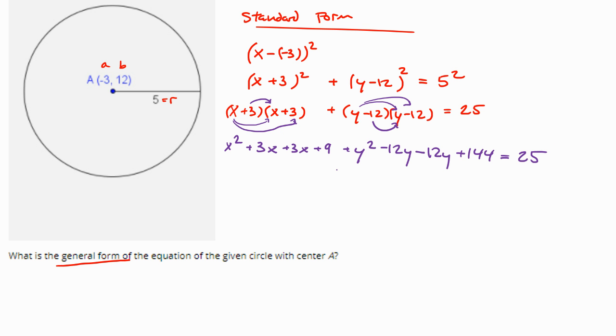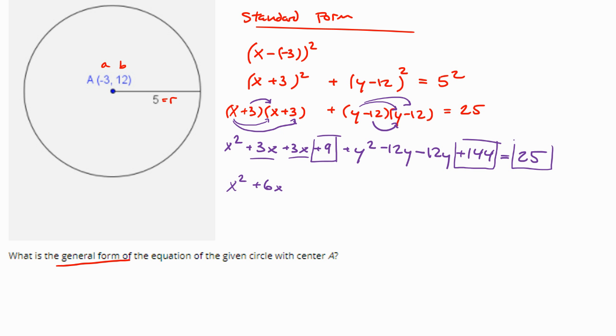Okay, so yes, it's a lot of math, but a lot of this is going to simplify. So 3x plus 3x, that becomes 6x. I'm going to box the whole numbers, and we'll come back to those at the end. So plus 9, plus 144, and then on the far right, we've obviously got that 25.